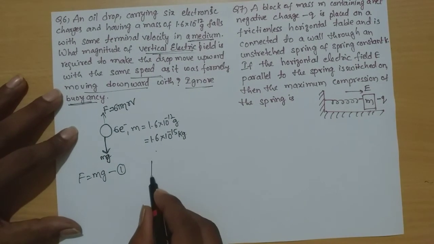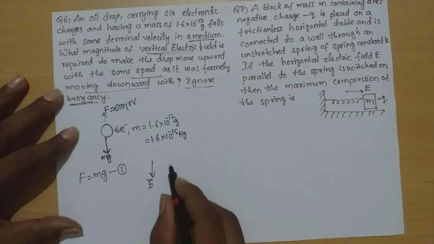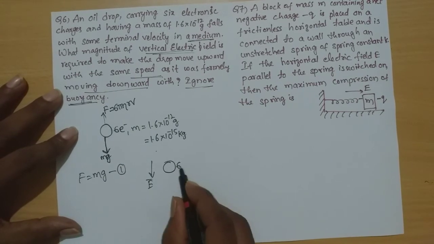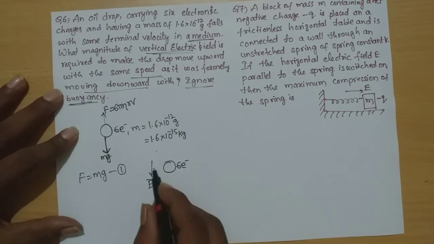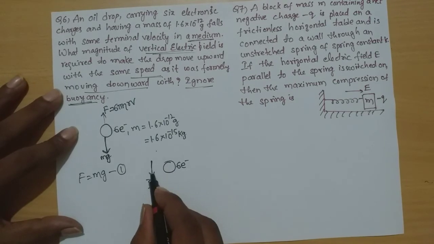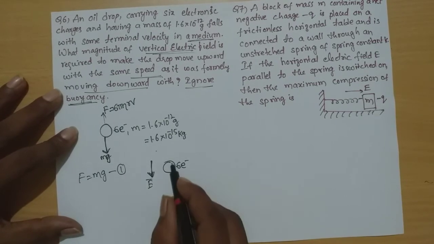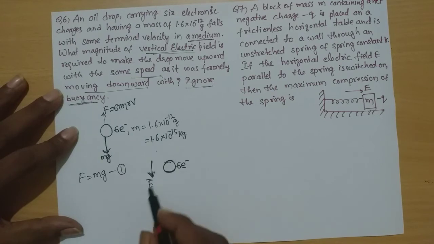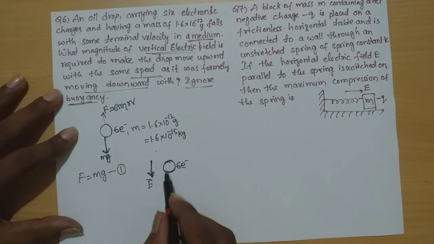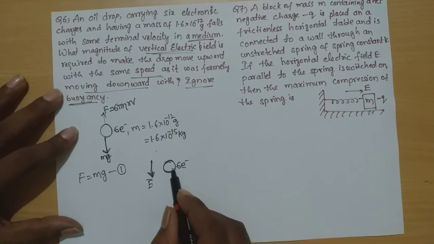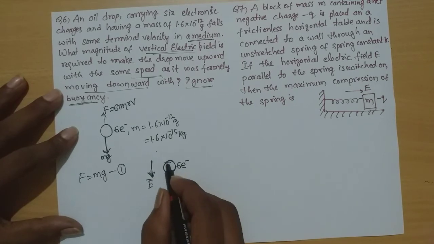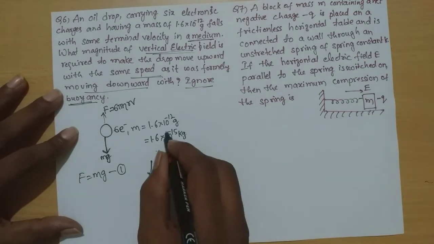So the electric field is in the downward direction. We have the drop here, with 6 electrons, so it has negative charge. The electric field is in this direction, so the force acting on the negative charge is opposite to the electric field. That means the drop will move in the upward direction.